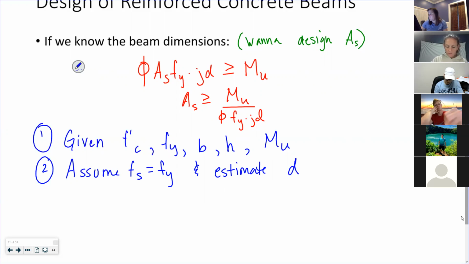That was like d equals h minus 2.5 inches or 3.5 inches, so one layer or 2 layers.